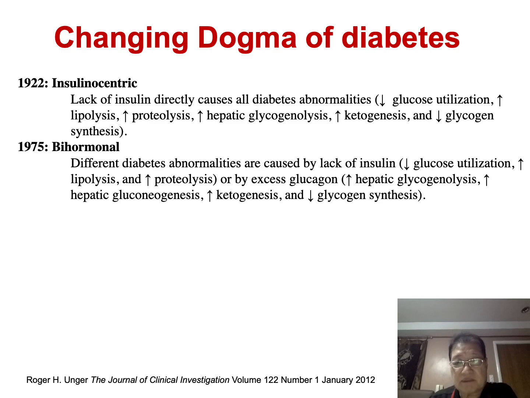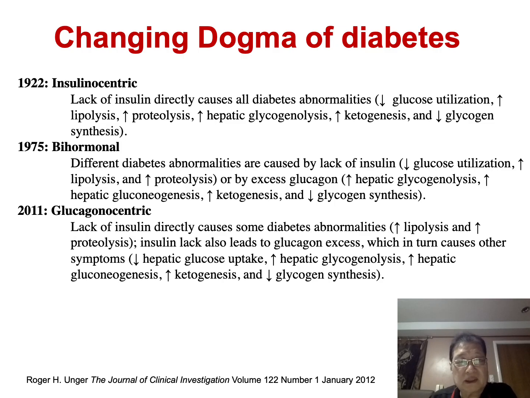In 1975, the role of glucagon began to be recognized, since the different diabetes abnormalities are caused by lack of insulin or by excess glucagon, the so-called bihormonal concept.